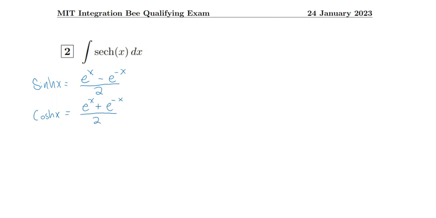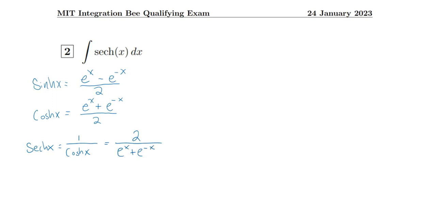And I also know that the hyperbolic secant of x, just like secant of x, is equal to 1 over the hyperbolic cosine of x, which means that this will equal 1 over e to the x plus e to the minus x over 2, which means we can just flip it around, and this would equal 2 over e to the x plus e to the minus x.